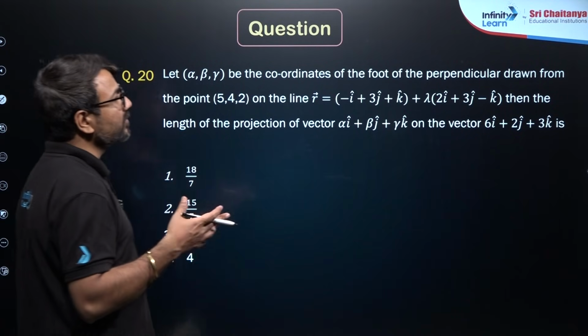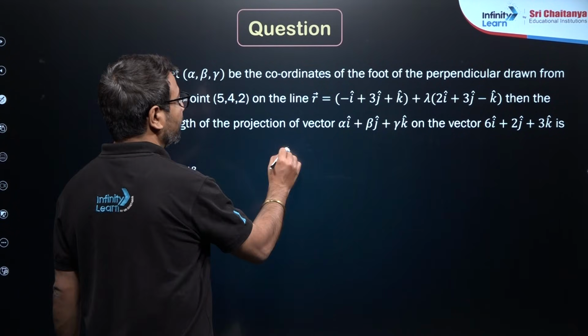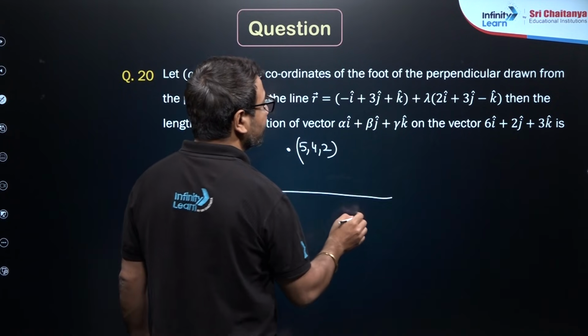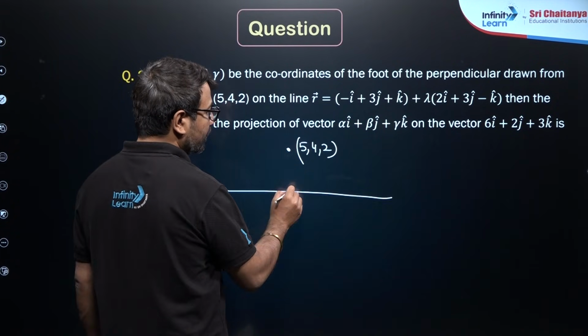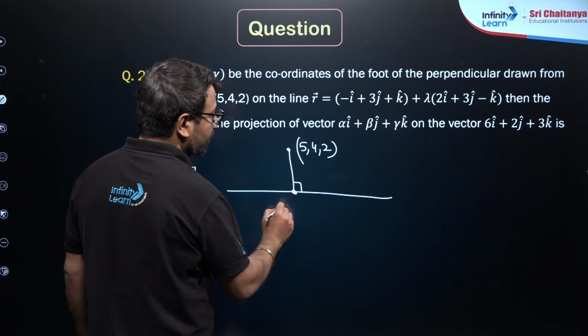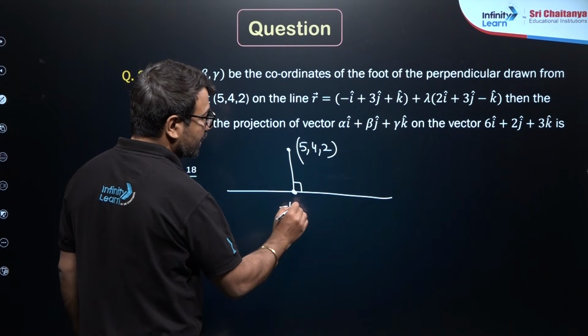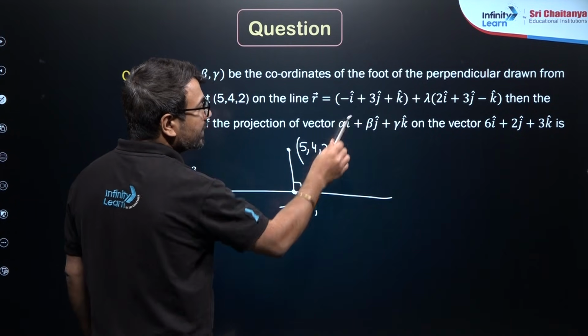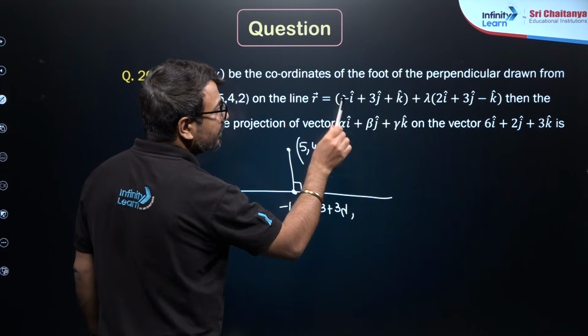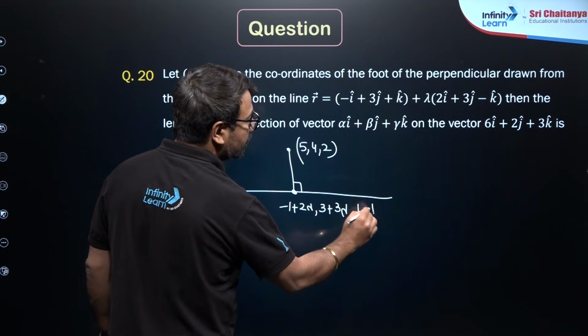Alpha beta are the coordinates of the foot of the perpendicular drawn from 5 4 2 on the line. So line, if you want to represent this particular point in terms of lambda, it will be minus 1 plus 2 lambda, then 3 plus 3 lambda, and then 1 minus lambda.